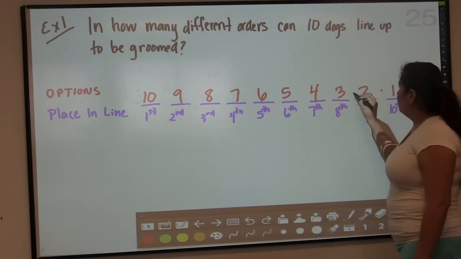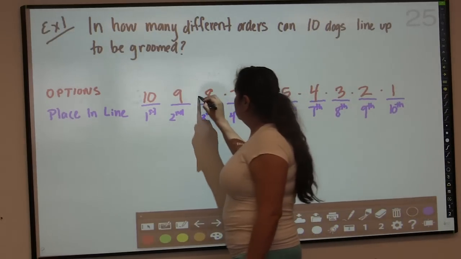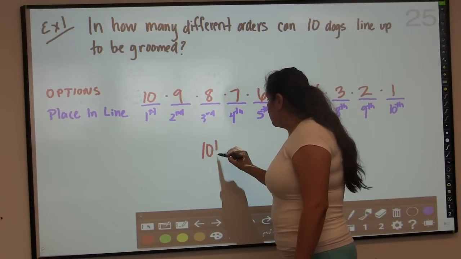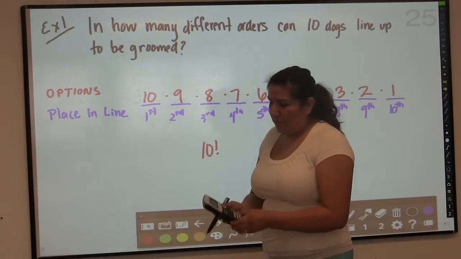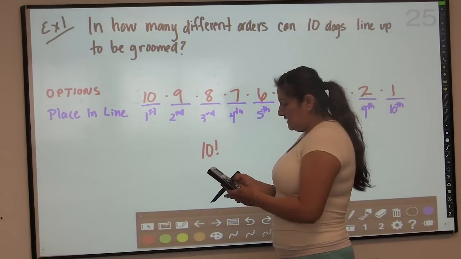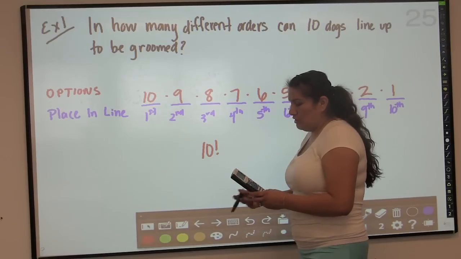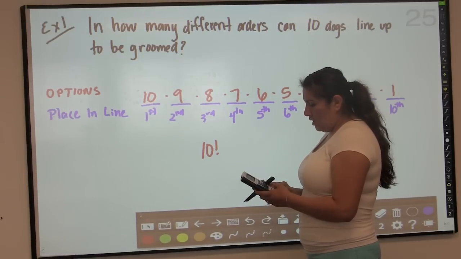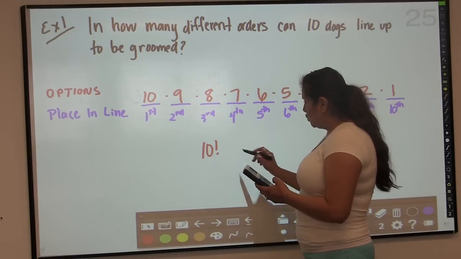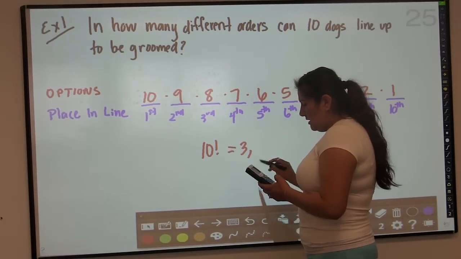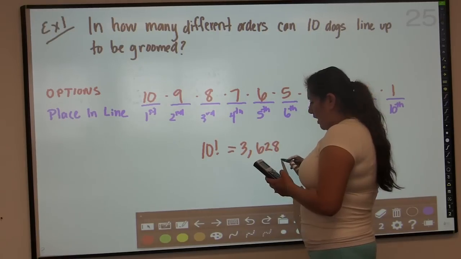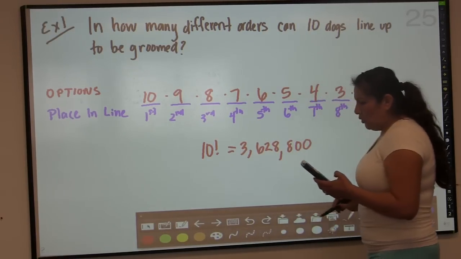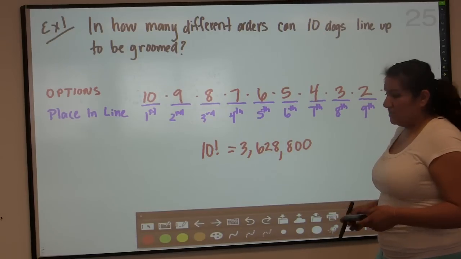Multiplying all these numbers gives you the same thing as 10 factorial. If I type 10 on my calculator, then go to math, probability, and option 4, 10 factorial is actually 3,628,800 ways. That is how many ways there are to order these 10 dogs.